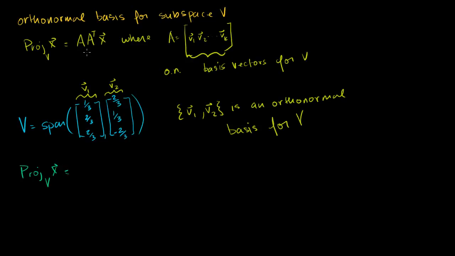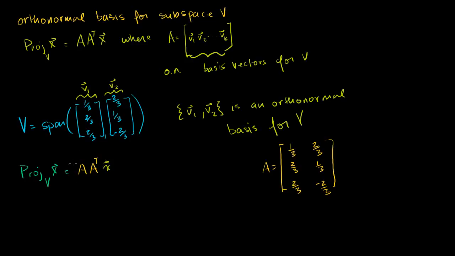We have to construct a matrix A which has these as the column vectors: 1/3, 2/3, 2/3, and 2/3, 1/3, -2/3. If we construct A that way, then the projection of x onto V, this linear transformation, can be represented as A times A transpose times x.